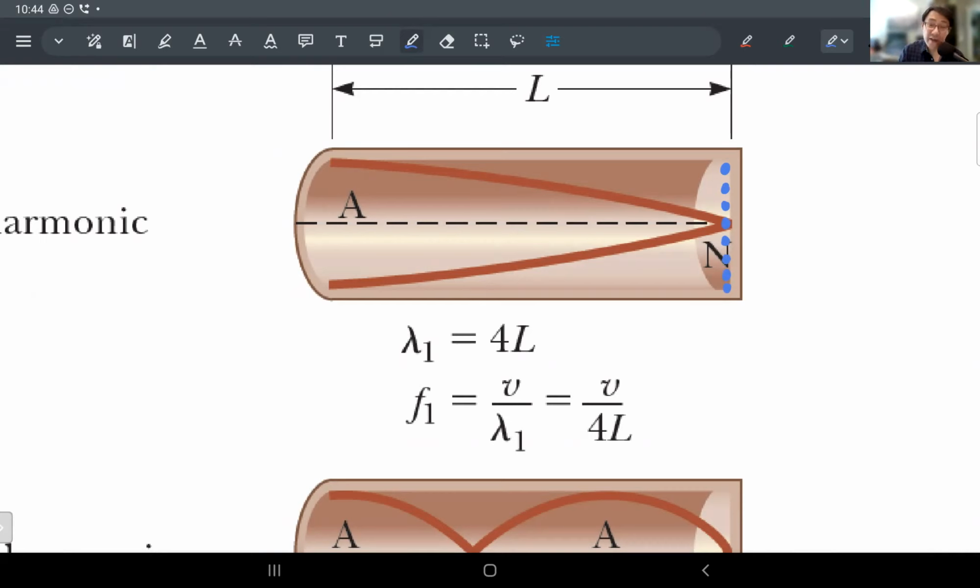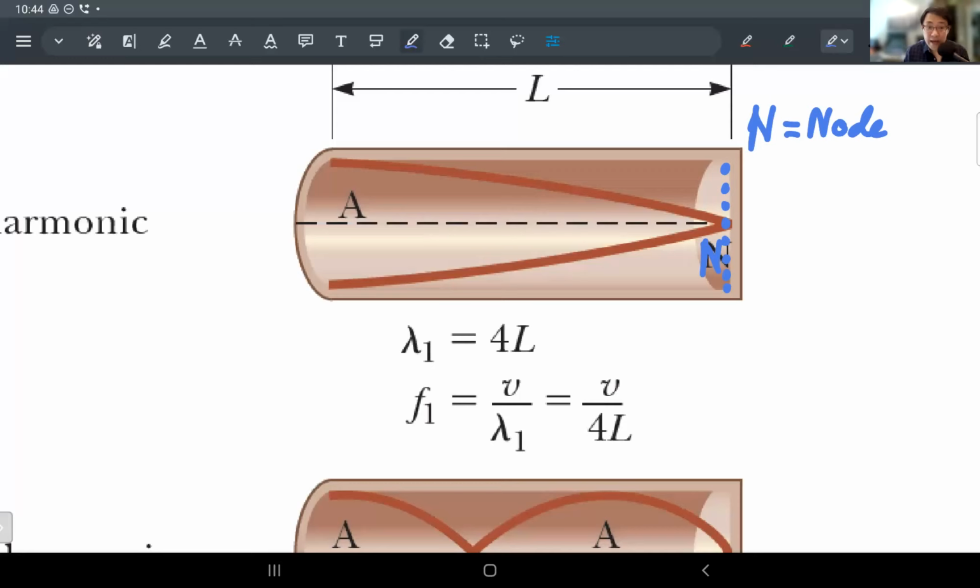So this is a perfect place for particles standing still. We love it, and we call this a node, N. N is node. So the nodes are those locations where the particles do not move. That is the standing position of those particles.